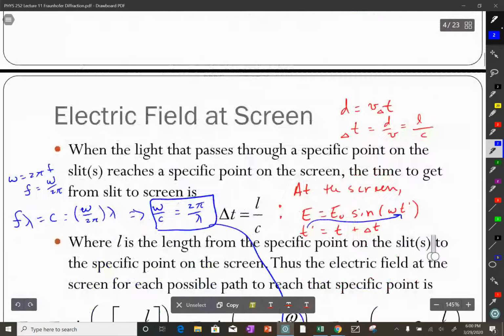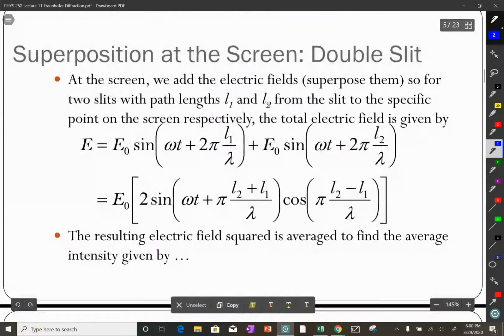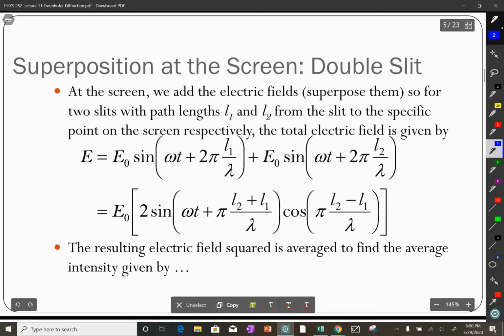So now we combine them. So here is what I just wrote. And then we use a little trig substitution, that is sine of A plus sine of B is equal to 2 sine of (A plus B) over 2 cosine of (A minus B) over 2.